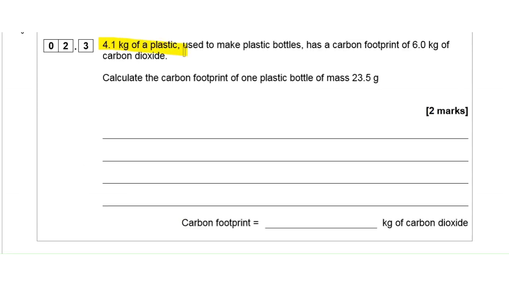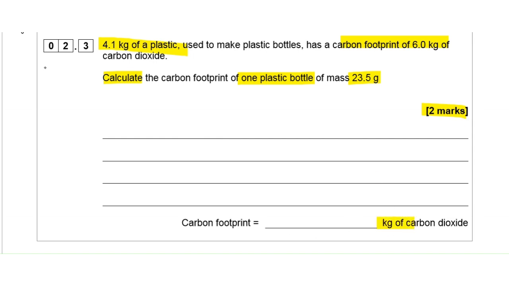Question 2.3. 4.1 kilograms of a plastic used to make plastic bottles has a carbon footprint of 6.0 kilograms of carbon dioxide. Calculate the carbon footprint of one plastic bottle of mass 23.5 grams. And this is for 2 marks. Your answer must be in kilograms.